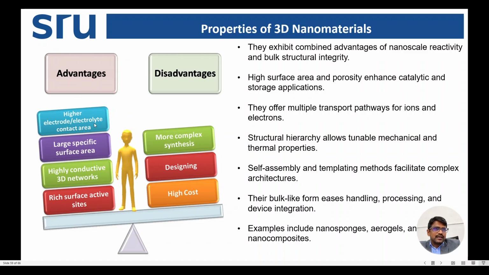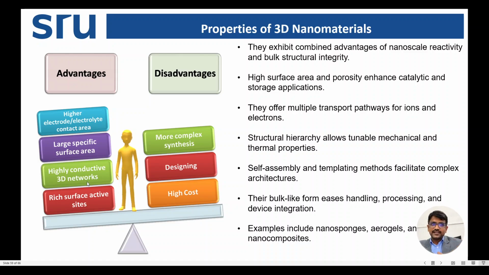Higher electrode-electrolyte contact area. We find major applications of 3D nanomaterials in the energy sector, particularly in battery technology. There we can find good contact between electrode and electrolyte, because it provides large surface area and also a highly conductive 3D network.